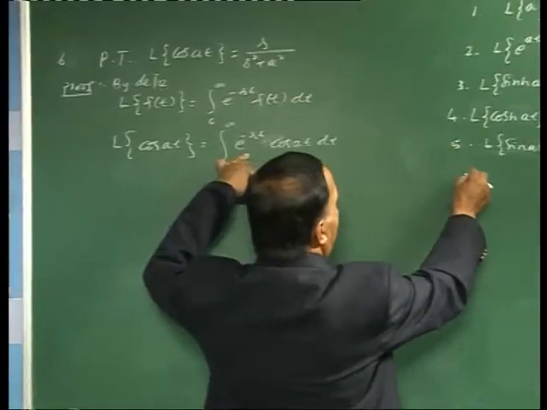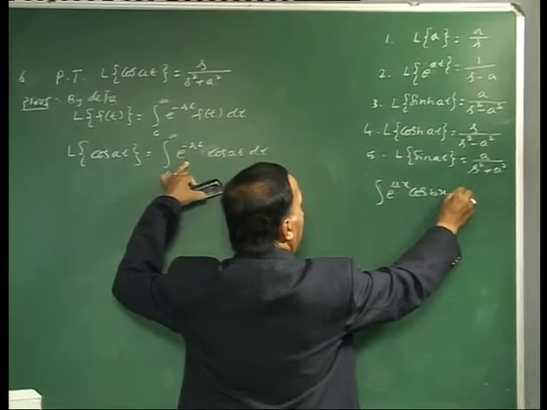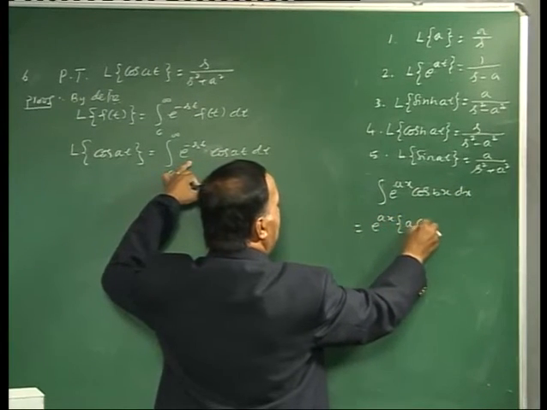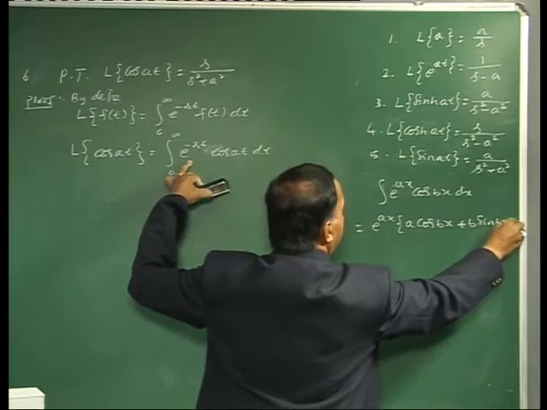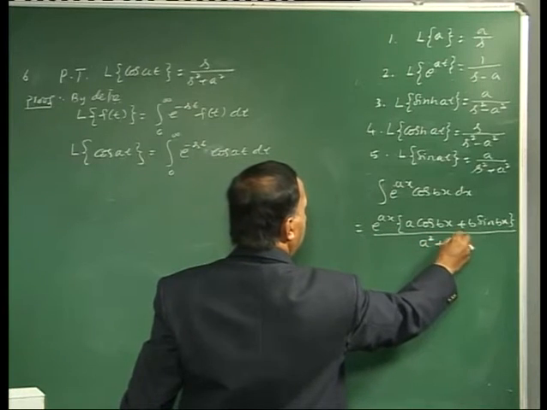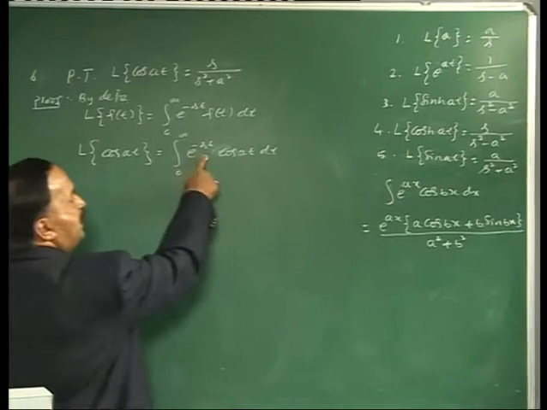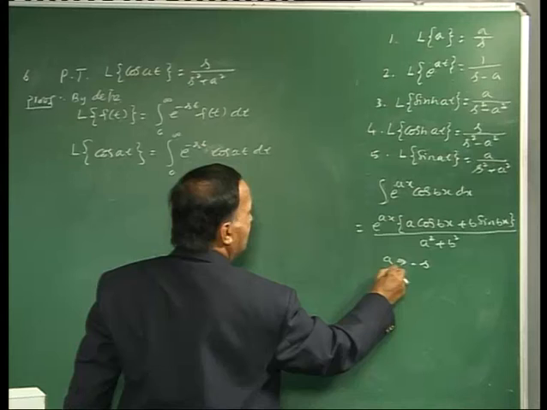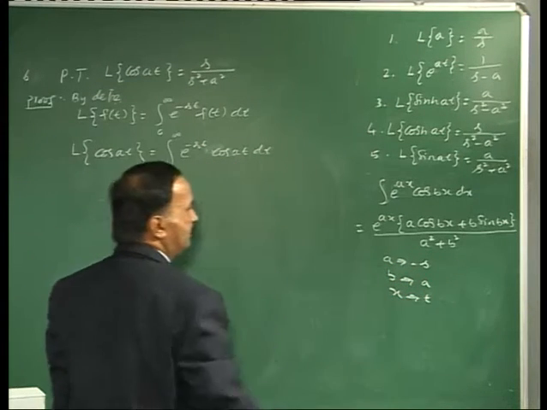Again, by using the standard formula, we know the integral of e to the power of ax into cos bx dx is equal to e to the power of ax into (a cos bx plus b sin bx) divided by a square plus b square. Comparing these two, replace a by minus s, b by a, and x by t.